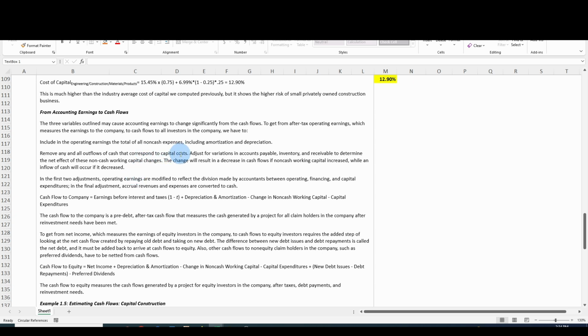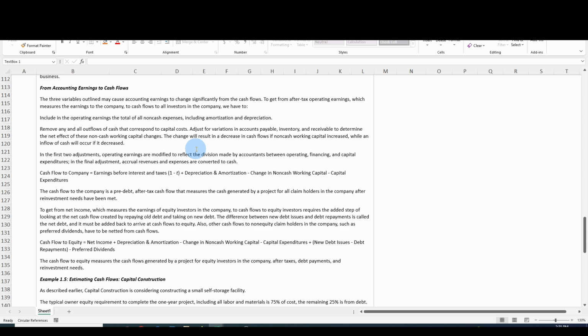Adjust for variations in accounts payable, inventory, and receivables to determine the net effect of these non-cash working capital changes. The change will result in a decrease in cash flow if non-cash working capital increases, while an inflow of cash will occur if it decreases.